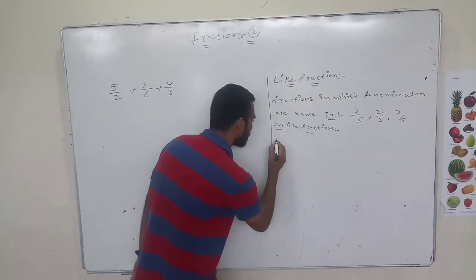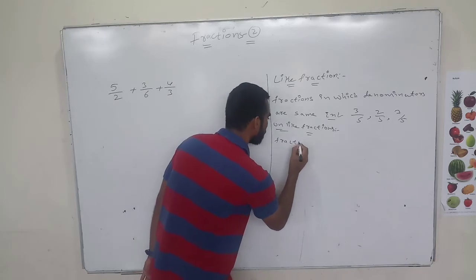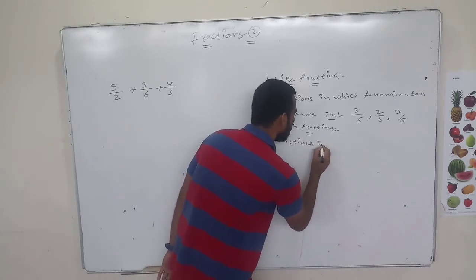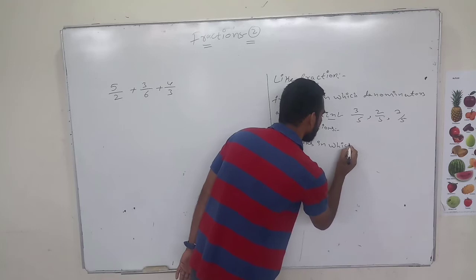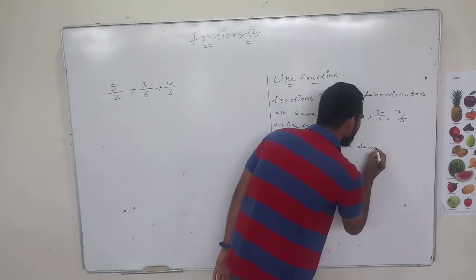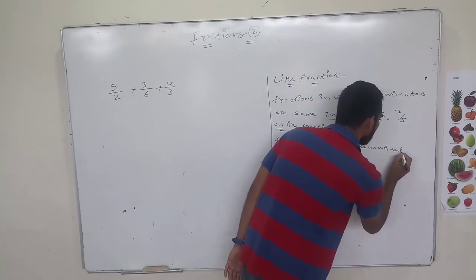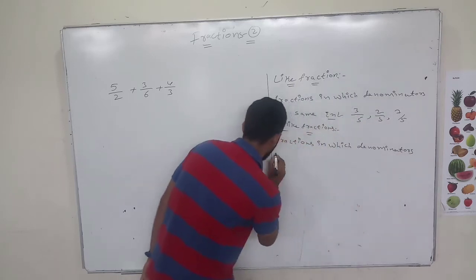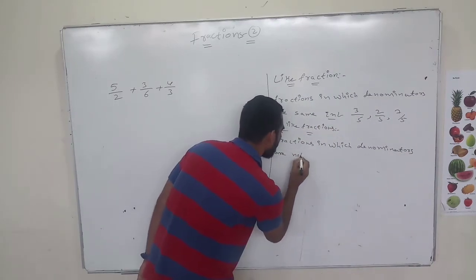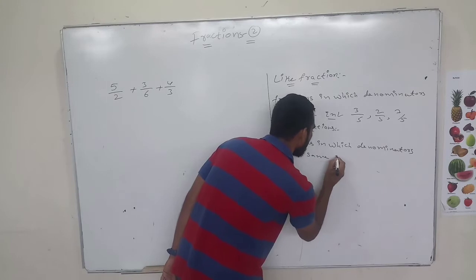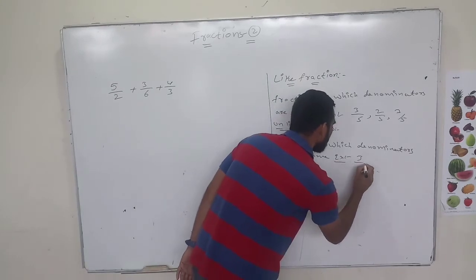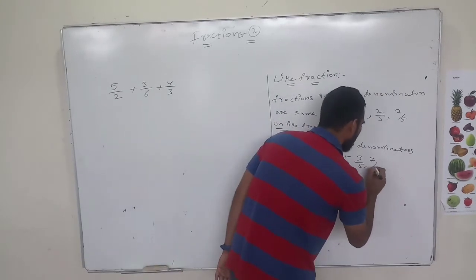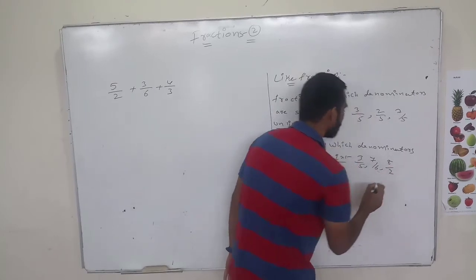Unlike fractions are fractions in which the denominators are not the same. For example, 3 by 5, 7 by 6, 8 by 2.